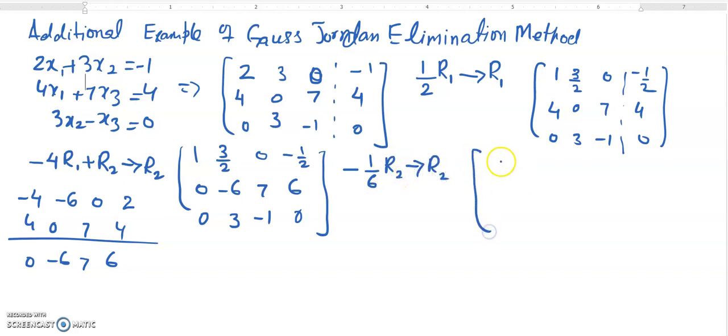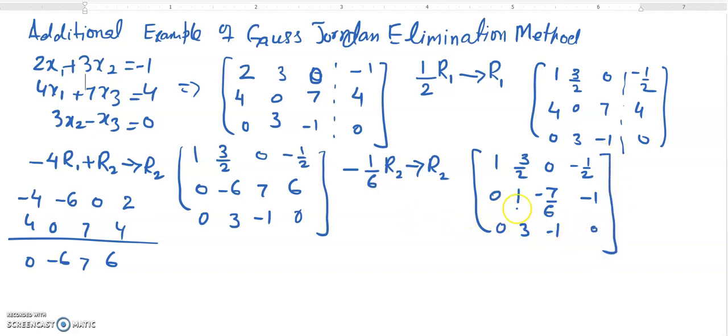So it will be 1, 3/2, 0, -1/2, then 0, 1, -7/6, -1, and then 0, 3, -1, 0.